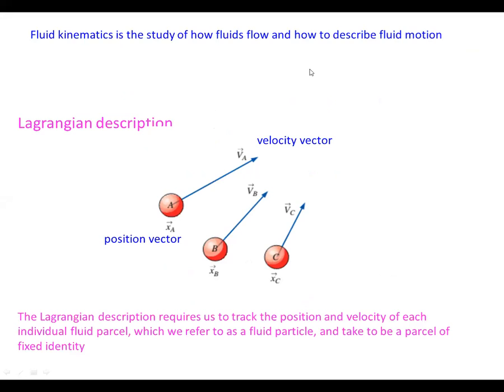There are two types of description: one is the Lagrangian description, another is the Eulerian description. In the Lagrangian description, the position of any fluid particle is represented by the position vector as well as the velocity vector. Using this, we can track the particle or the fluid matter.